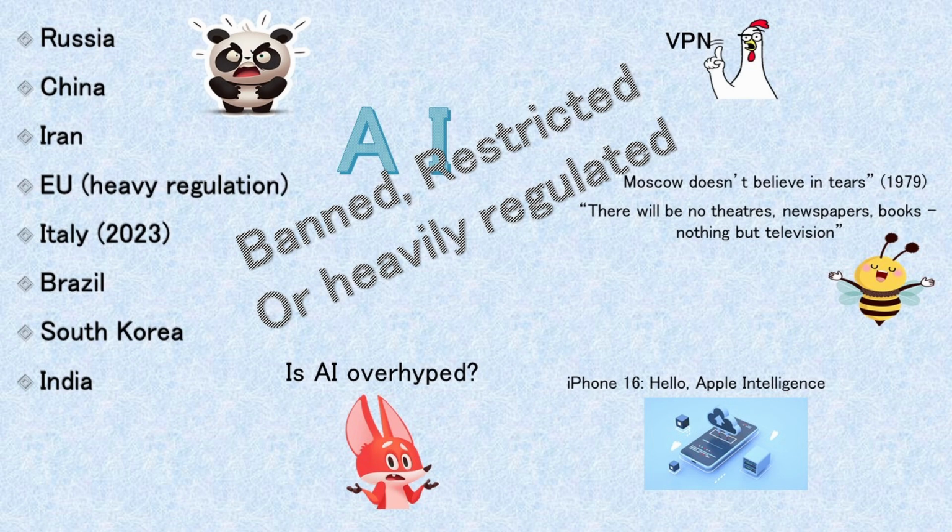Some people argue that a similar situation is happening with AI today. In fact, some even say that the notion of AI is overhyped. As we know, Apple has released iPhone 16 with integrated AI features in it to enhance user experience.